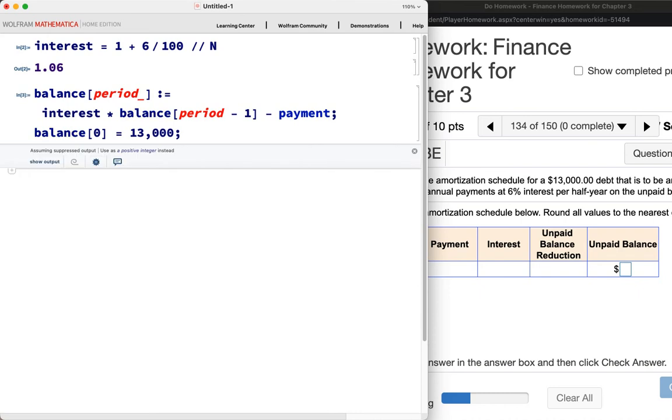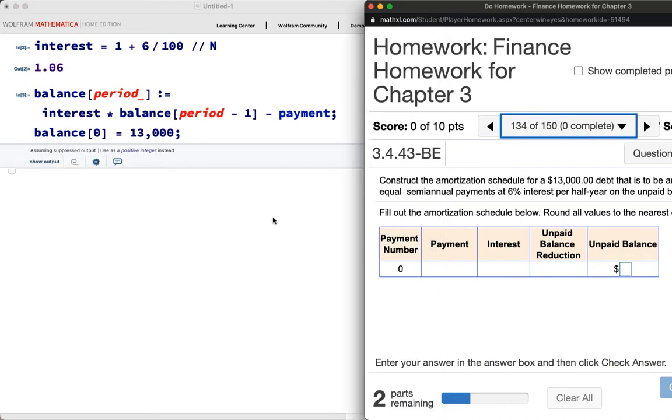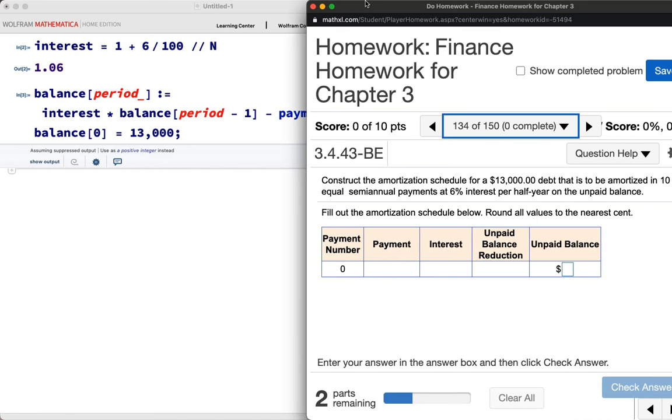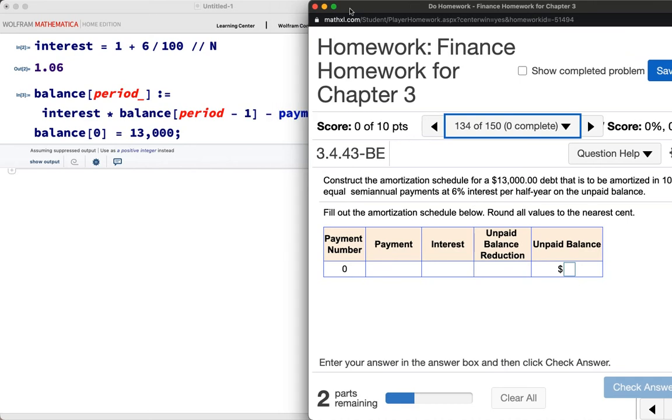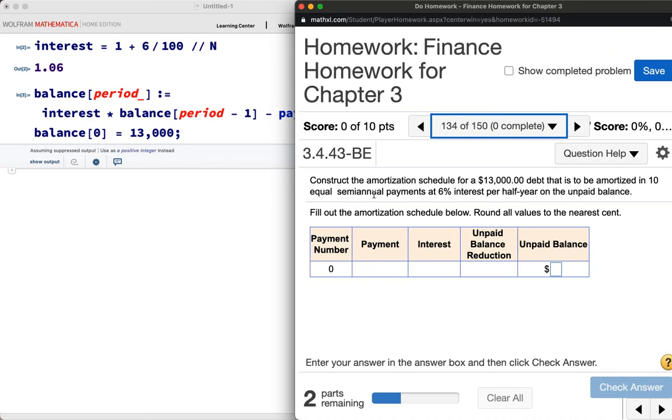There we go. So the next step is, let me look at the problem carefully. 10 equal semi-annual payments. Okay. And actually, we're not even doing anything with this information right here, semi-annual.